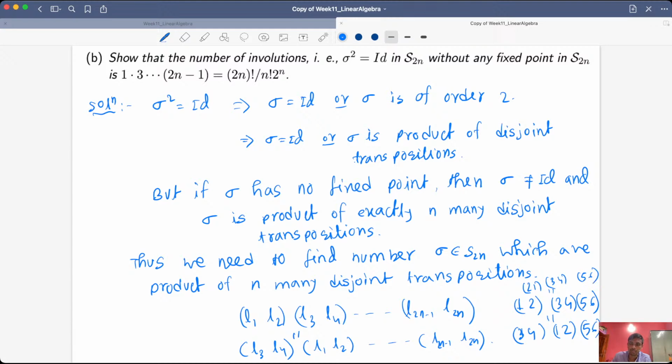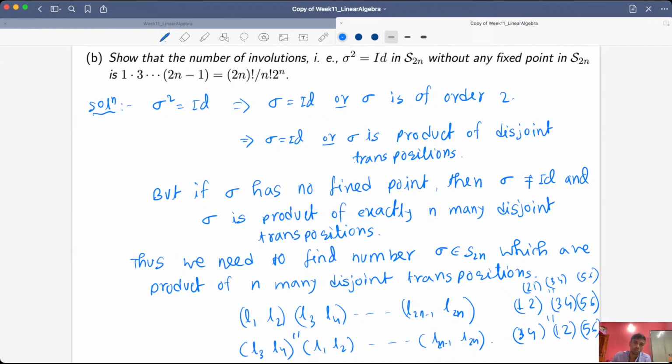So also I can permute the terms inside the transposition. For each one I can permute in 2 ways. As there are n many transpositions, I have 2 power n many ways. So for one such product L1 L2, L3 L4, ..., L2n minus 1 L2n of n many transpositions, you have 2 power n into factorial n many representations for the same permutation.